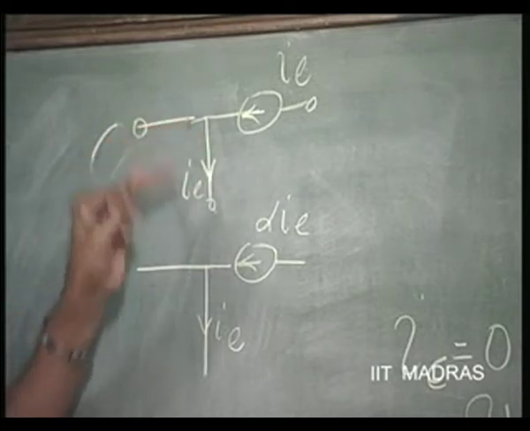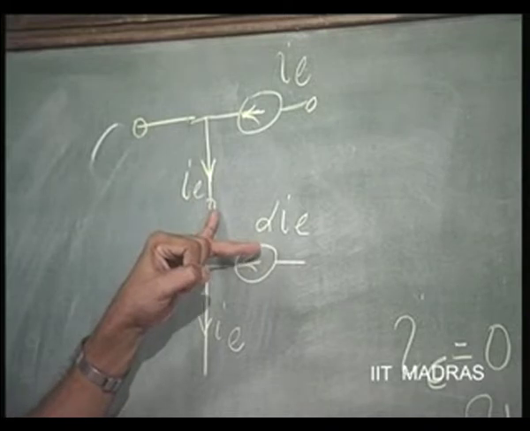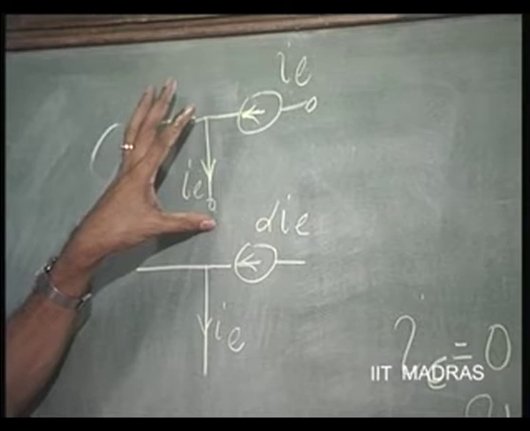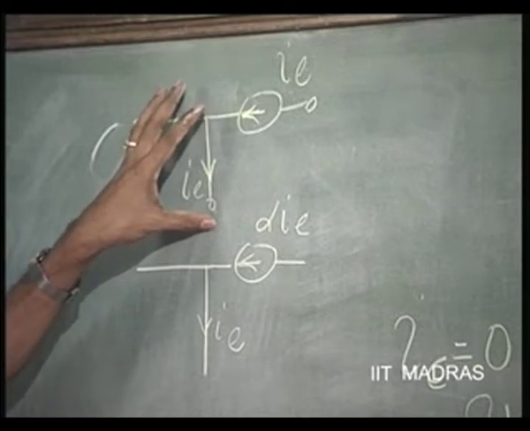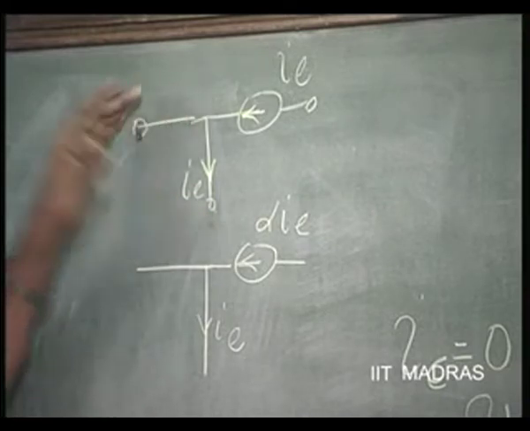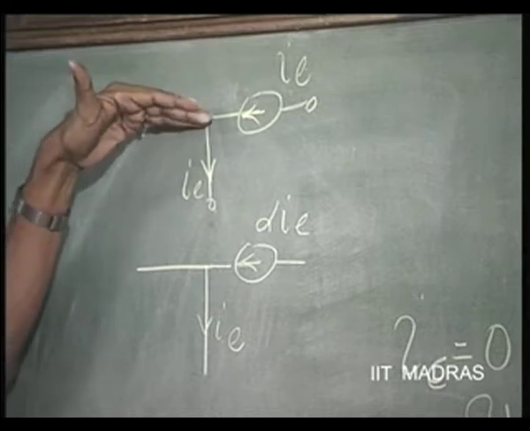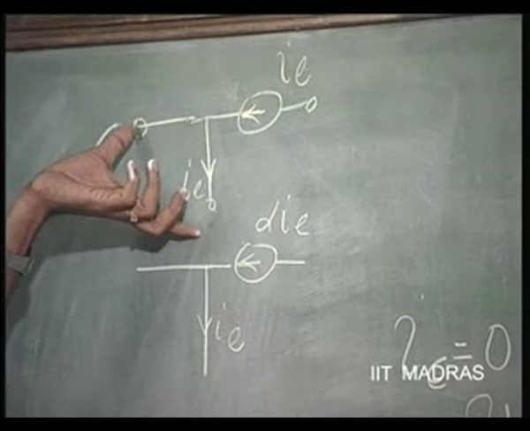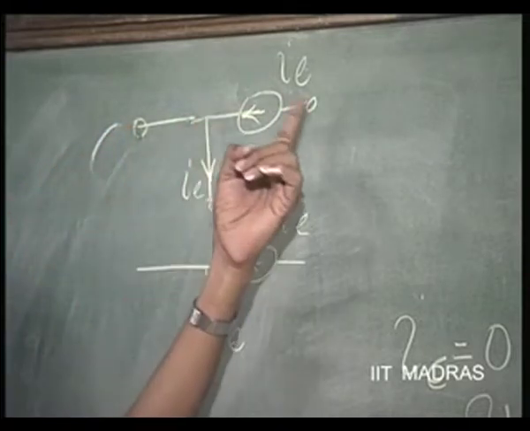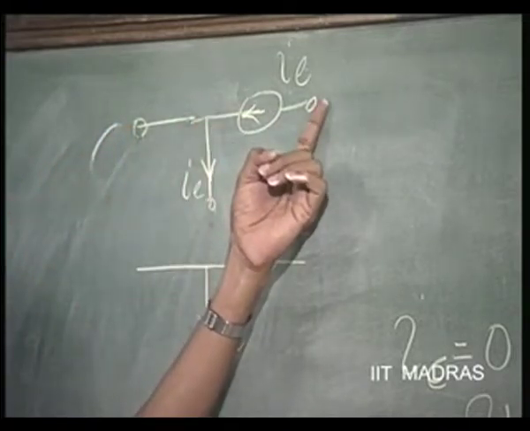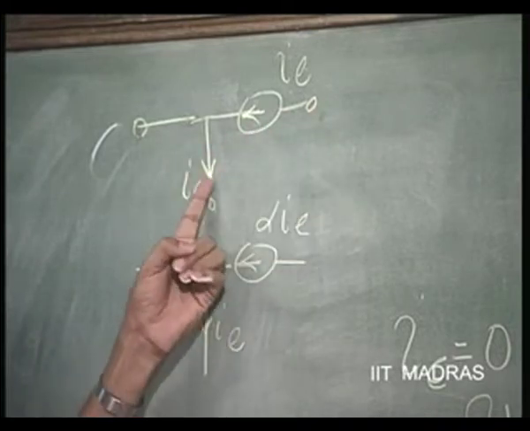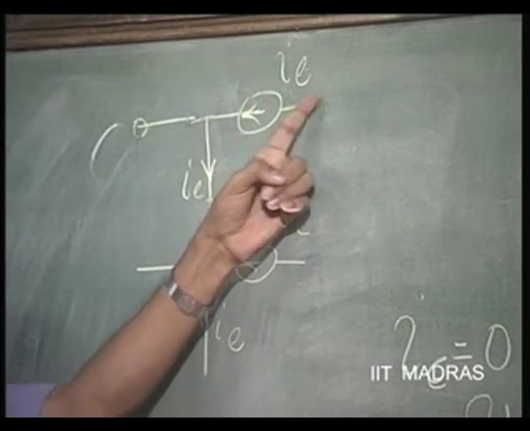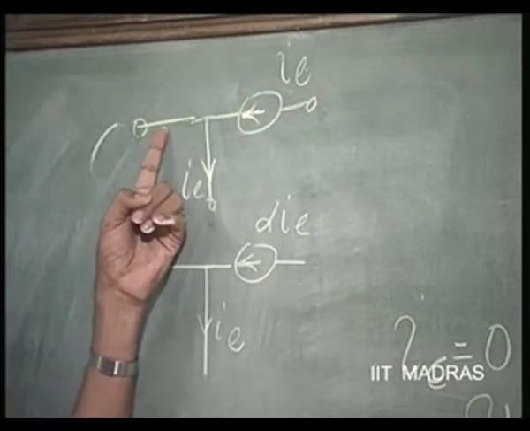Between these 2 points, potential is 0, the current here is 0, and therefore, these 2 points were replaced by what is called a nullator, because current through this is 0 and voltage across it is 0. That has been brought about by the definition of an ideal transistor here. This is IE and this is IE, in which case only when this is IE, this current is going to be 0.